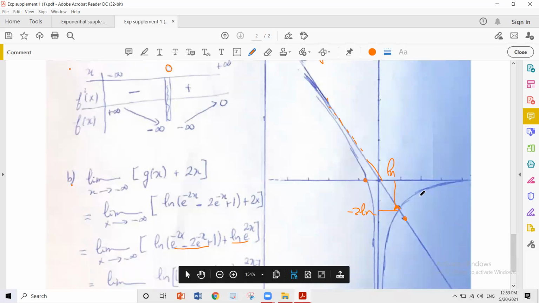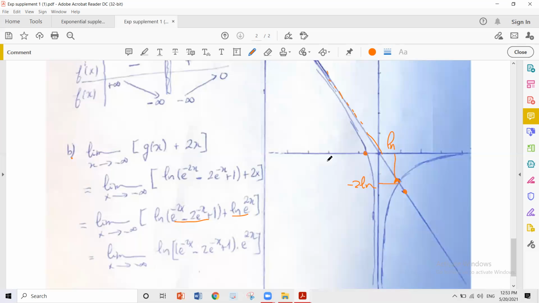We get this part. Okay, this is ln 2, this is minus 2 ln 2.